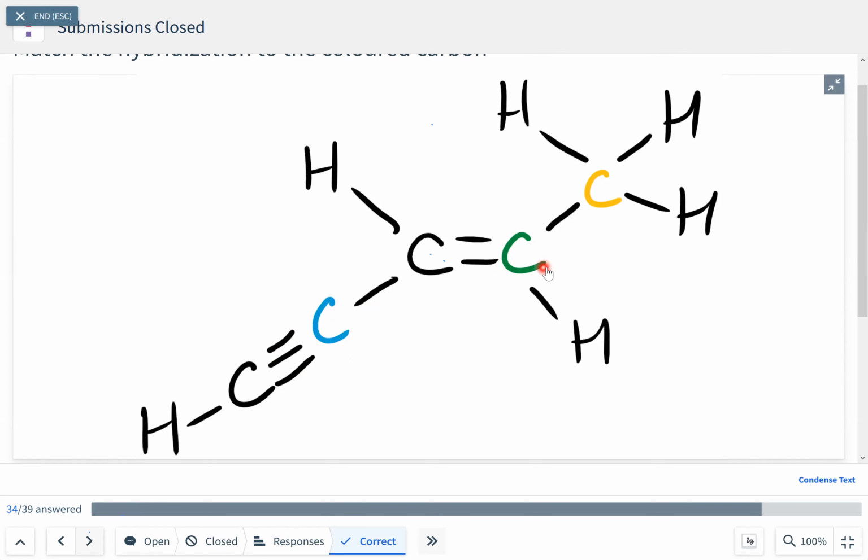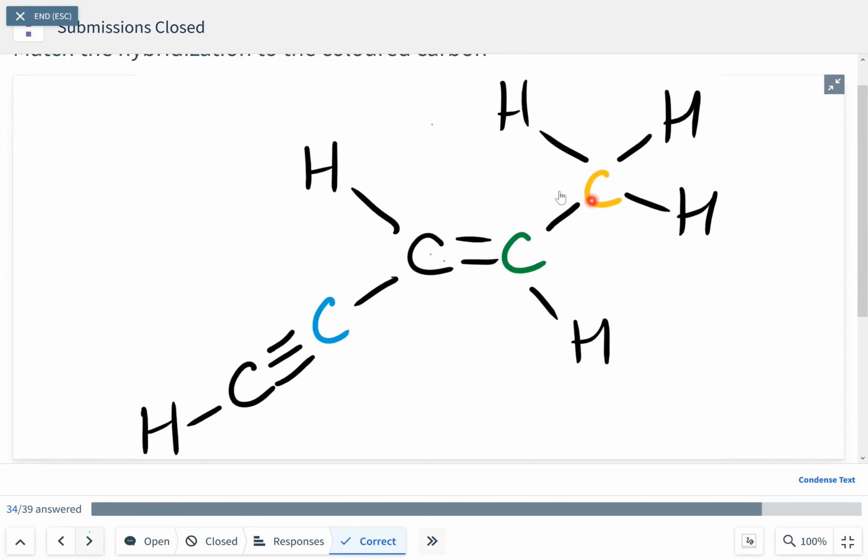Likewise, the green carbon here has got 1 double bond, so that double bond will be made with a p orbital. So that means that these remaining 3 sigma bonds have to be made with sp2, because there's 3 bonds left: s, and then 2 p's, 1, 2, 3, comes up to 3, so sp2.